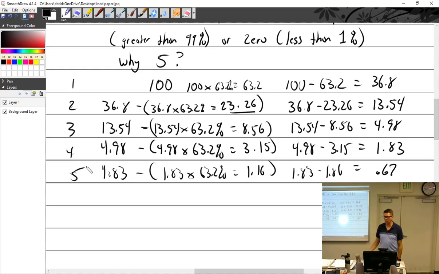Now, if we did it the other way, we turn the switch back on. We can't start with 0, because 0 times anything would be 0. But we go from 0.67 to 1.83 to 4.98 to 13.54 to 36.8 to 100. See, it's going to build up. So how many time constants does it take? 5.